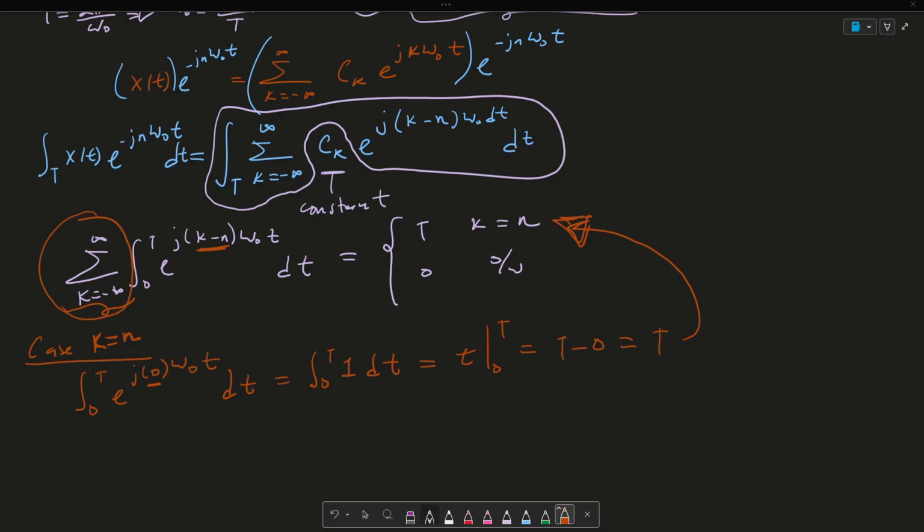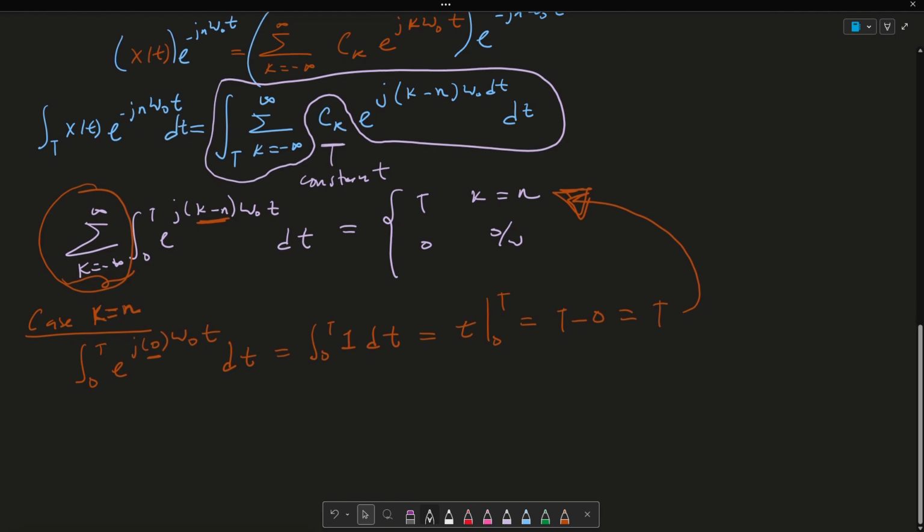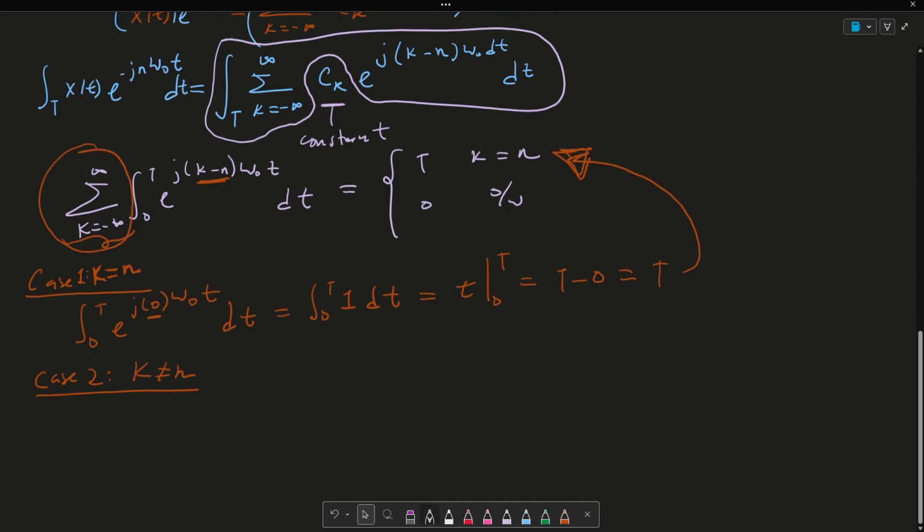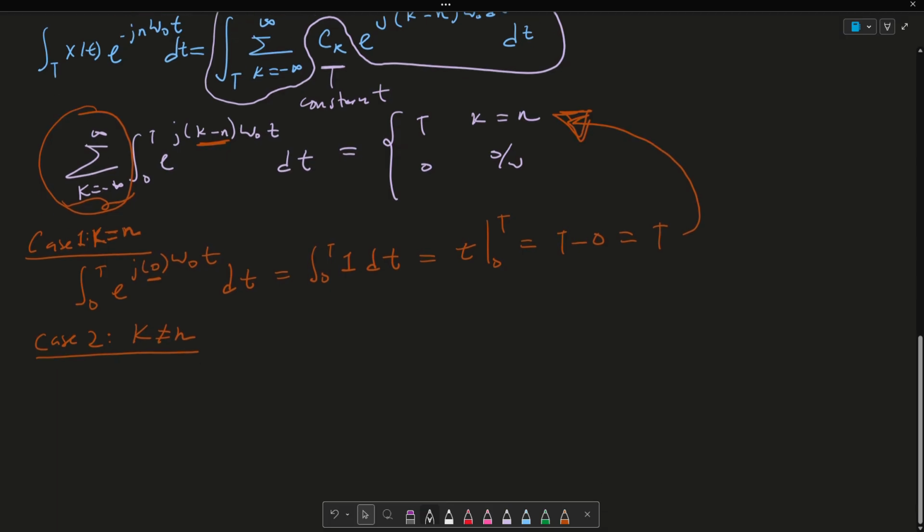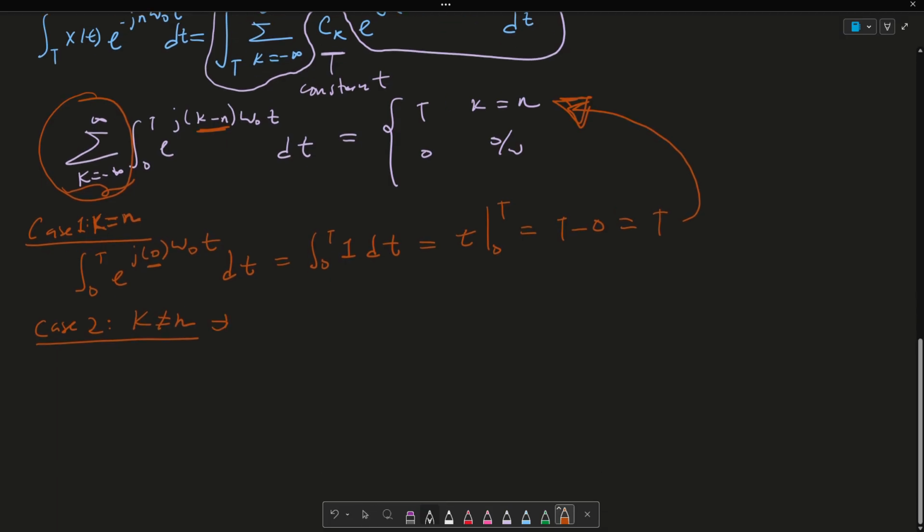All right. Now the second case, case number 2, is a bit more complex. This is k not equal to n. And when k is not equal to n, let me go ahead and say that m is equal to k minus n.